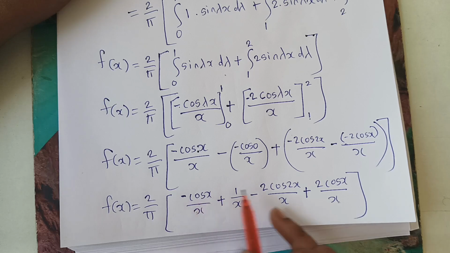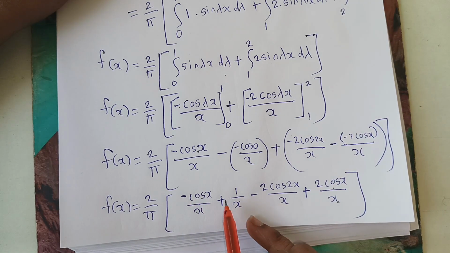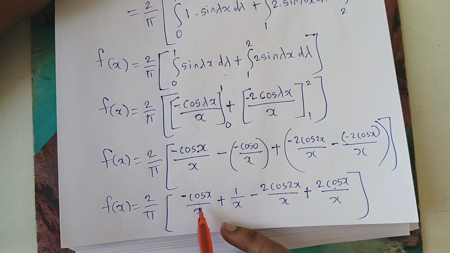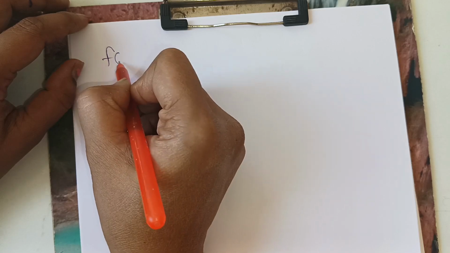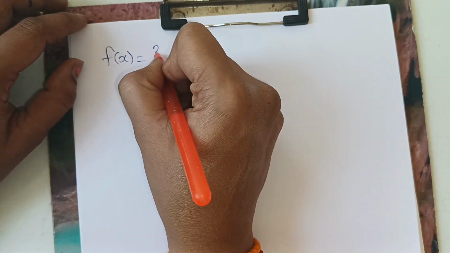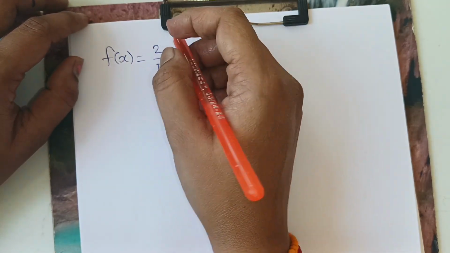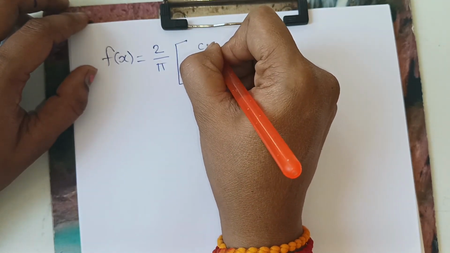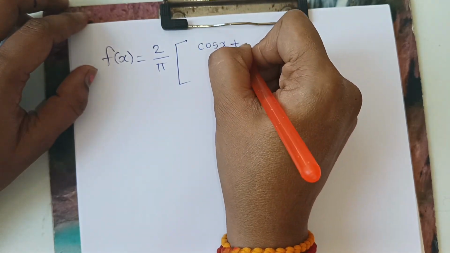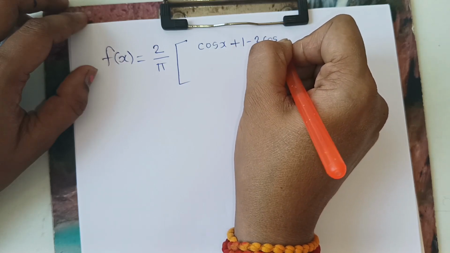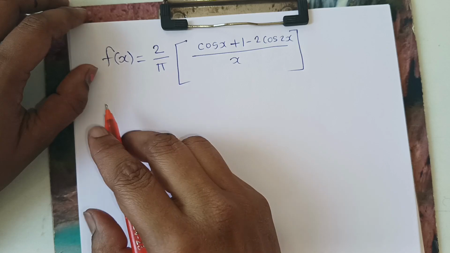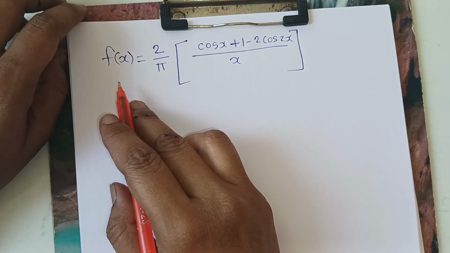The like terms are cos x and 2 cos x, so 2 cos x minus cos x will be plus cos x. So f of x is equal to 2 by pi times cos x plus 1 minus 2 cos 2x, divided by x. This is the answer, the solution of the integral equation.